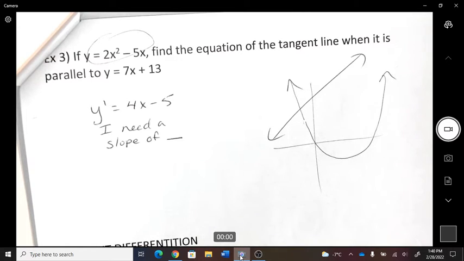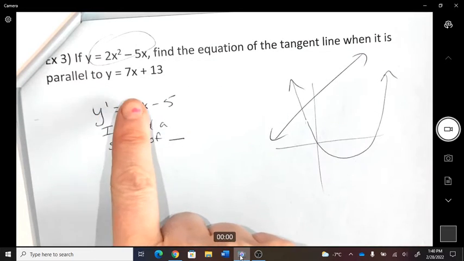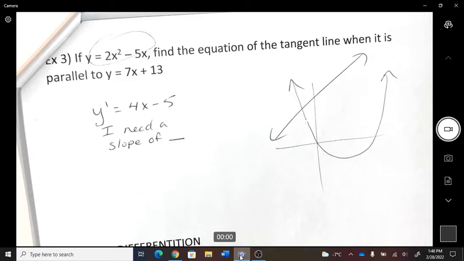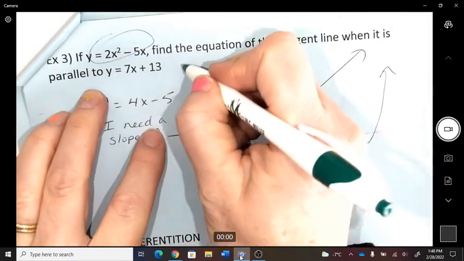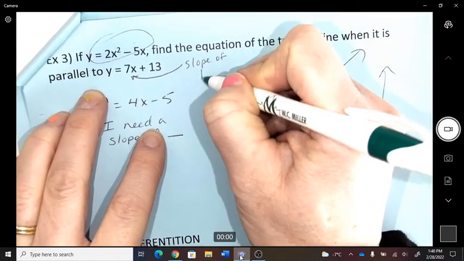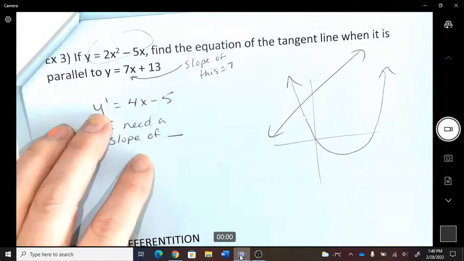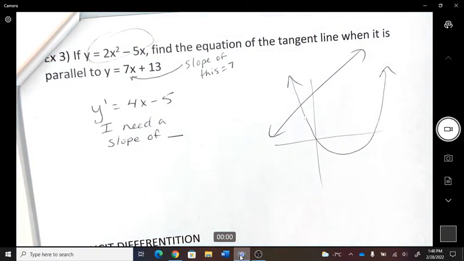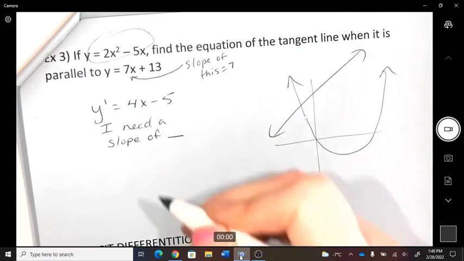I need to have my tangent line parallel to that line. So if I'm going to be parallel to that line, what's the slope of that line? The slope of that line is 7. What do I know if I want to be parallel to it? What should my slope be? Also 7.